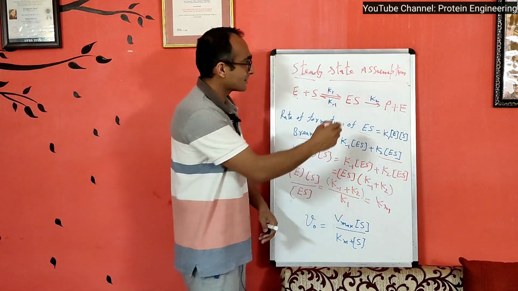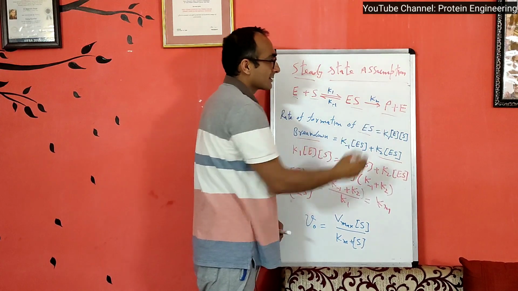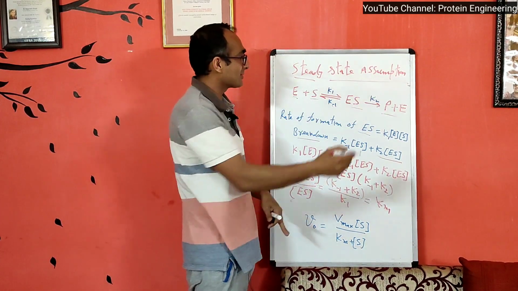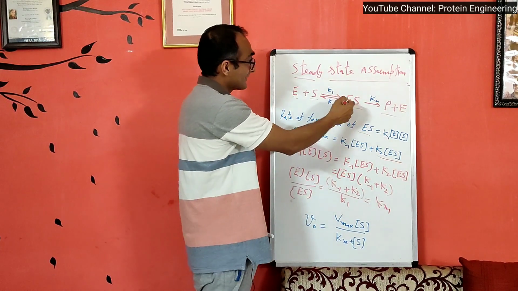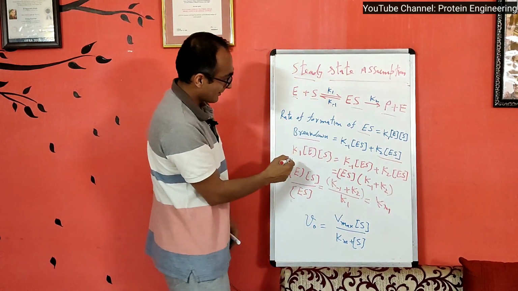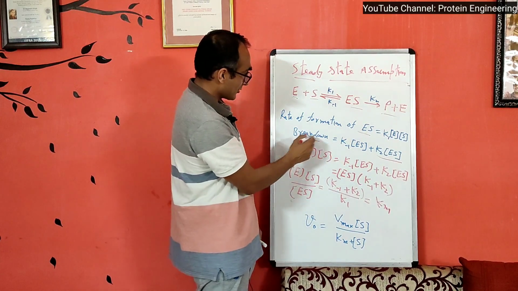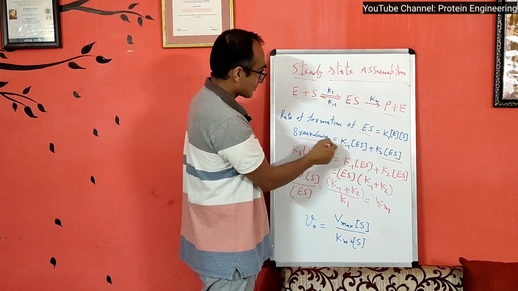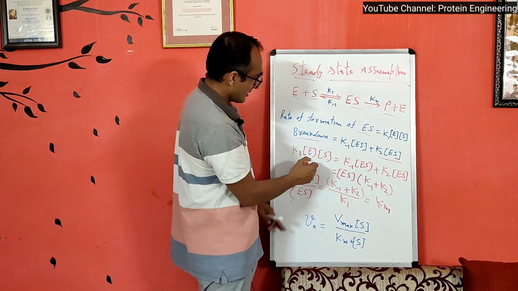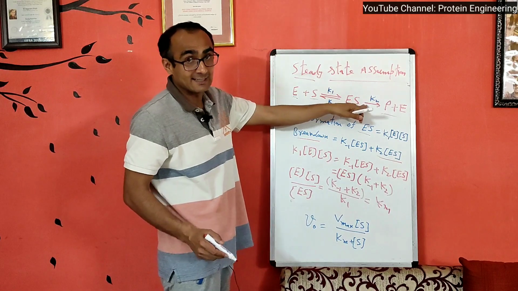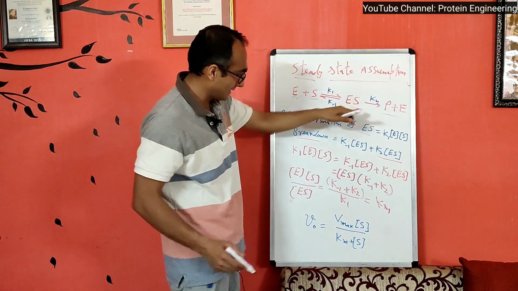So they considered the splitting of ES complex to product also significant, the rate constant significant enough to disturb this equilibrium, this steady state. Because being in steady state, both the rates would be equal. So the rate of breakdown of ES complex would be equal to the rate of formation, and if you keep them together, a new rate constant has been added, which is called K2 here.